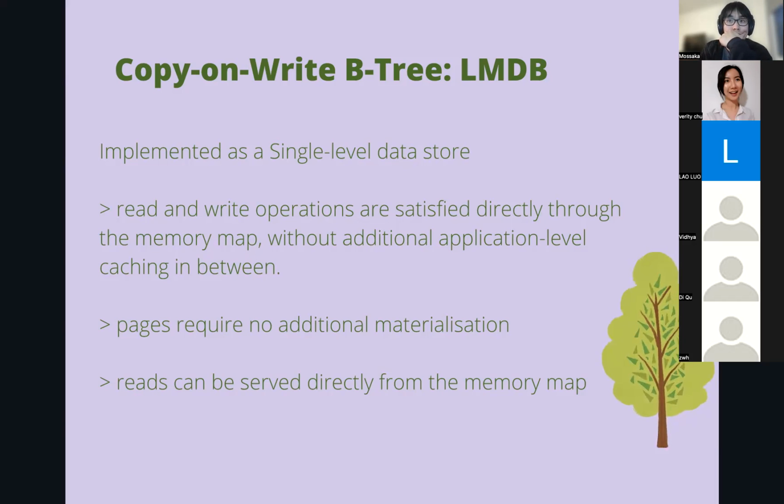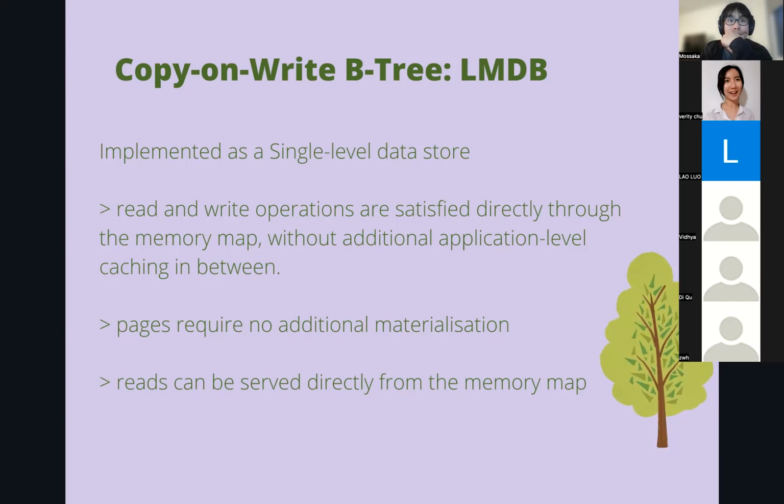I think it's because LMDB is single level, so it's able to just get it directly. If it's not a single-level data store, it might need caching before it reaches the final level. You mean the cache in the database itself, but that is database-layer caching though.